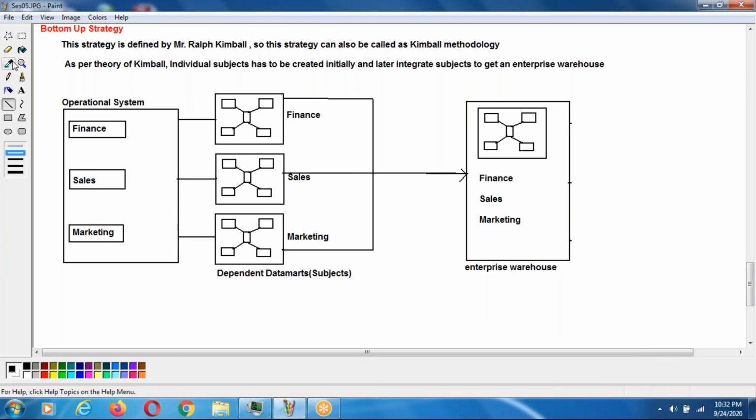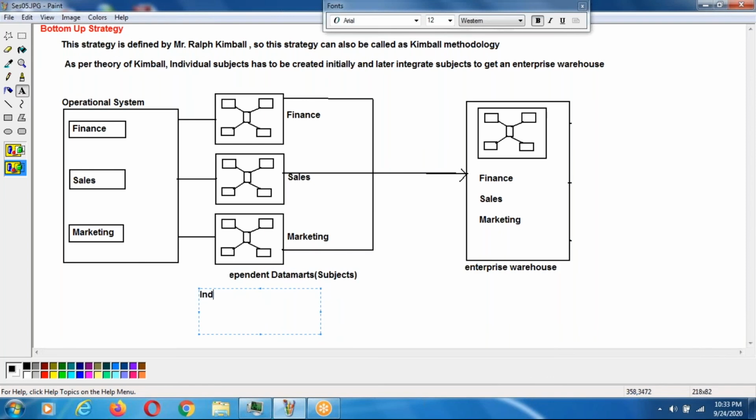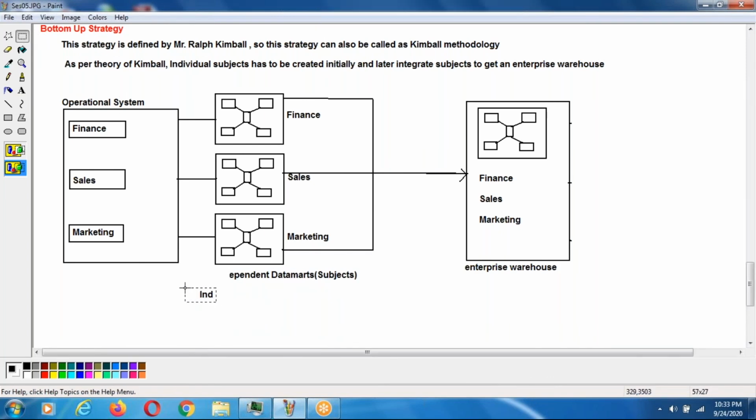Something like this. But here, these subjects are not dependent on the enterprise warehouse because they are created before that itself, isn't it? So usually we'll call them independent data marts.